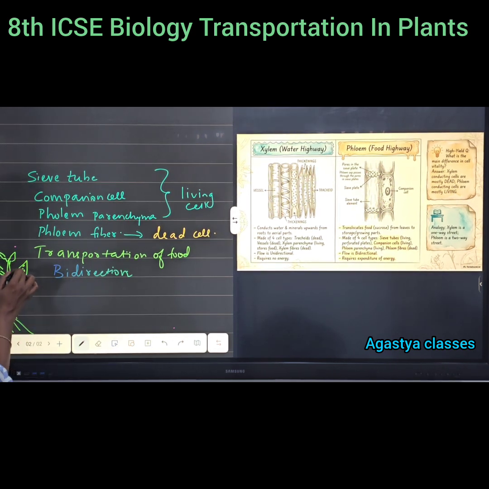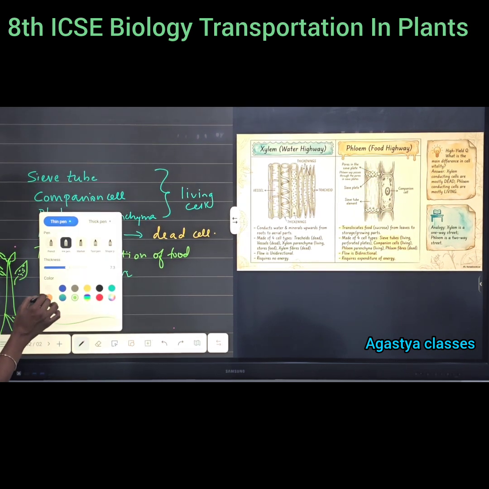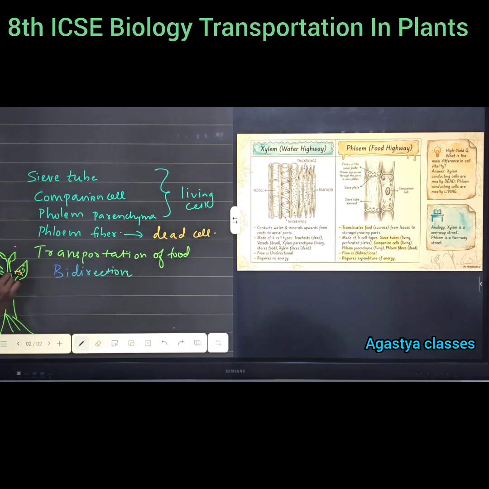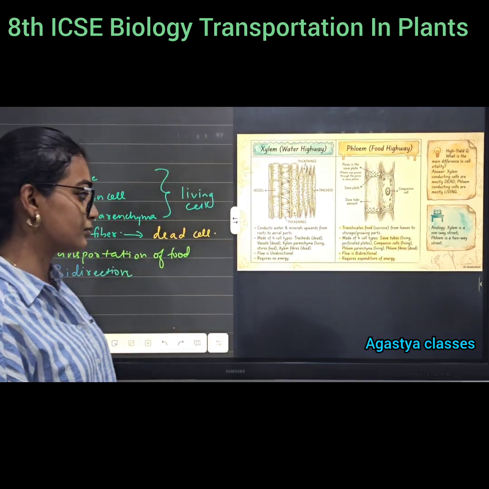From the leaf, the food is produced and transported to roots as well as to the small leaves present above. So you can see that the food is transported in both directions. Hence transportation of food in phloem is always bidirectional.